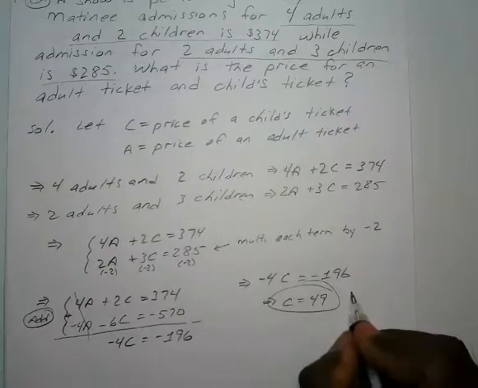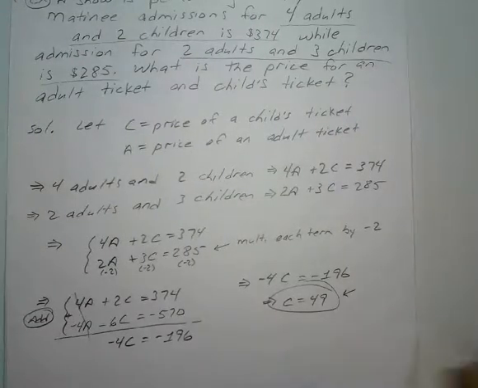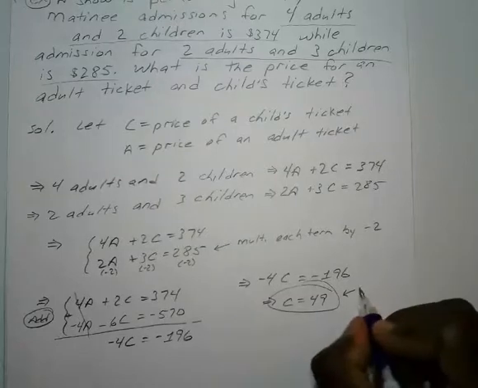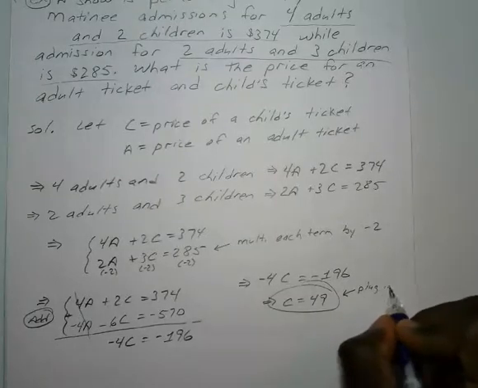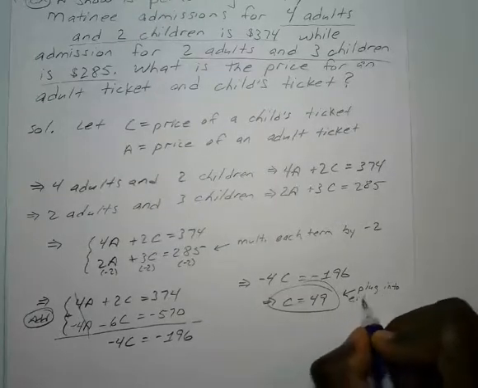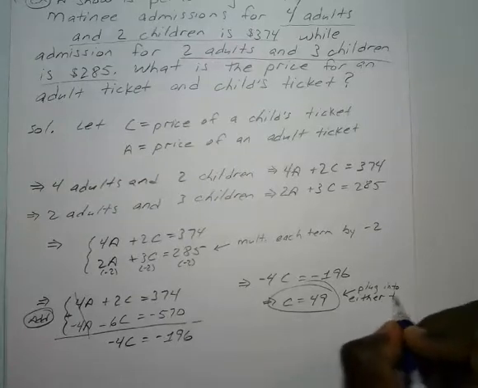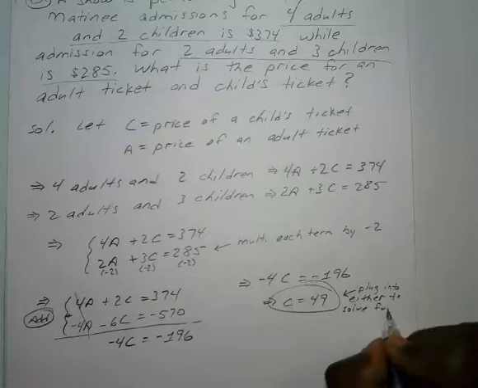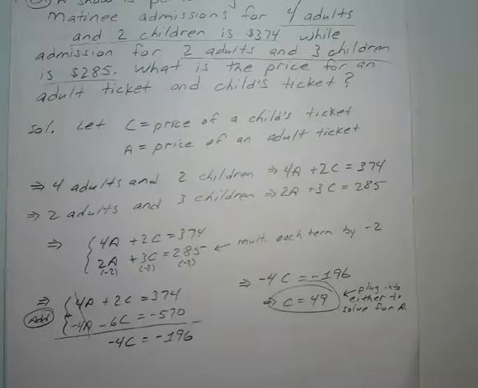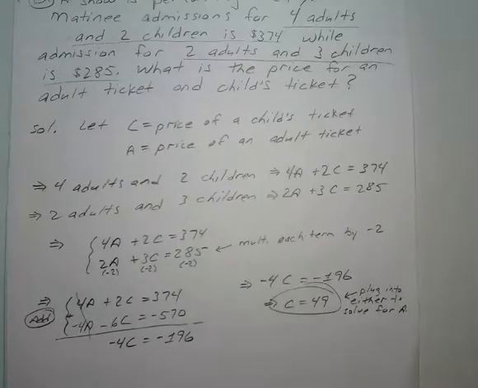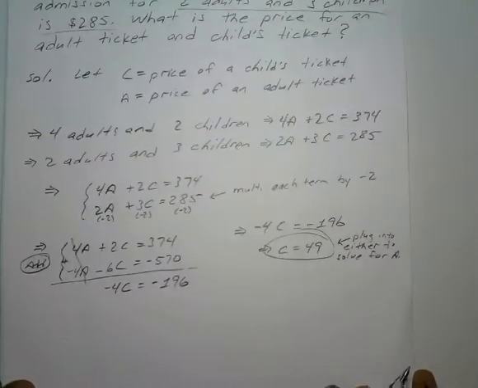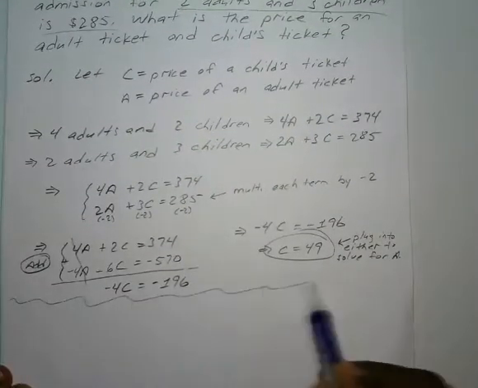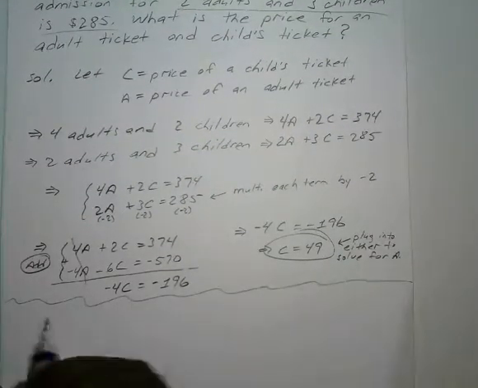Okay. So once again, once you solve for one of the variables, you plug into either equation to solve for a. Alright, so let me separate this a little bit since we're running out of space.